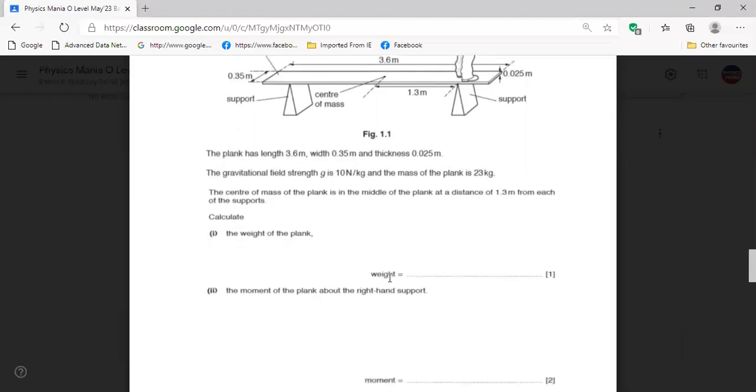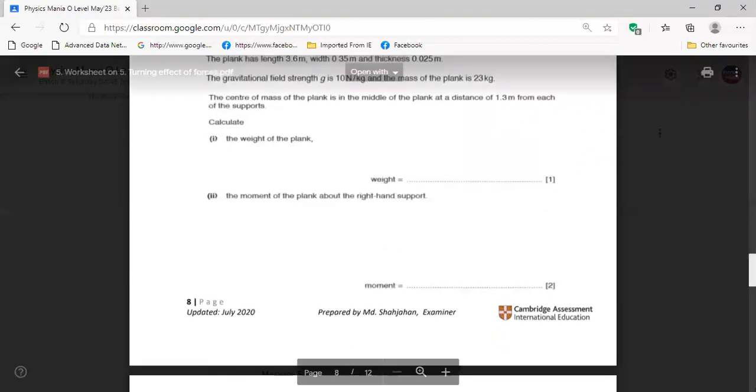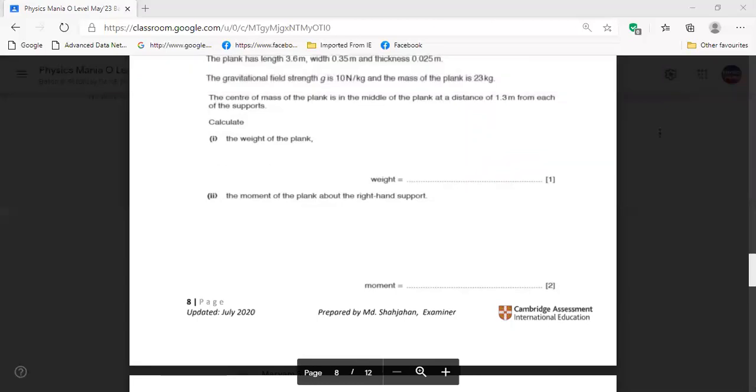Your force is 230 newtons, because weight is one kind of force, right? That's why your force is 230 newtons, and the distance from the pivot is 1.3.